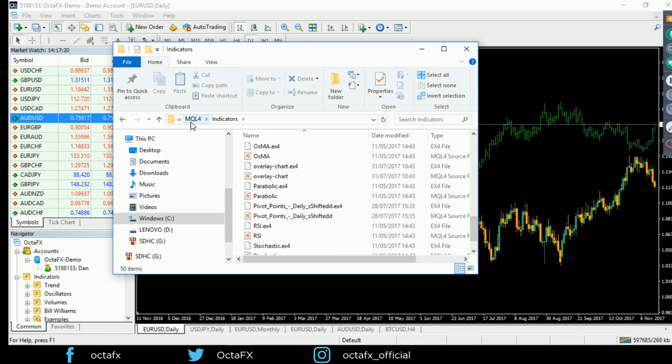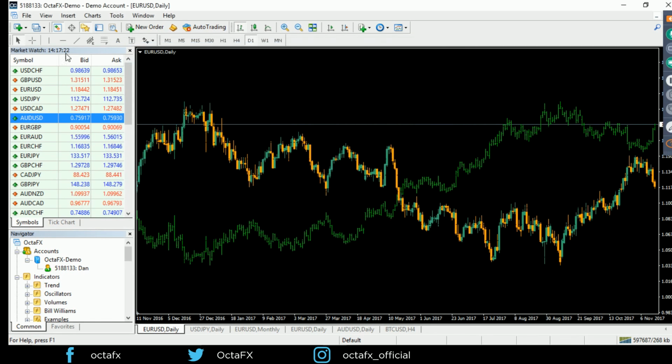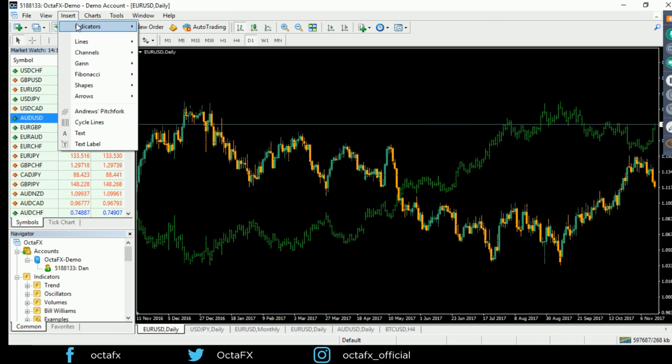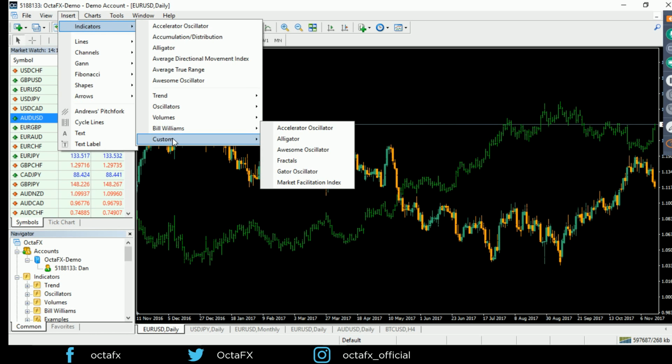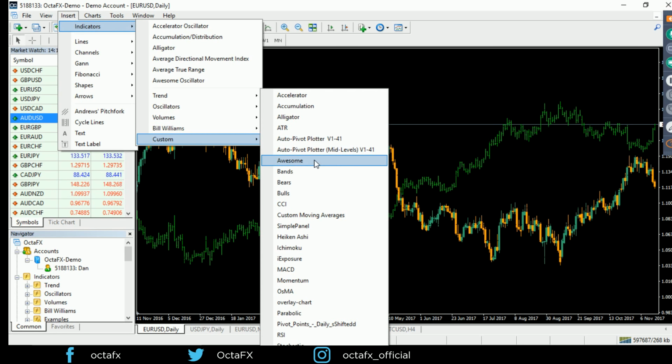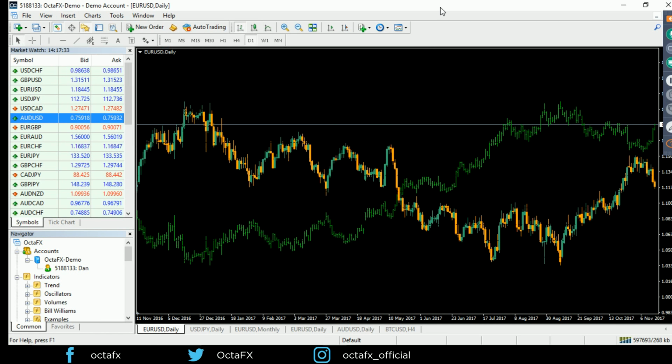So again, MQL4 and indicators. When you want to add it, you go to Insert, Indicators, Custom, and then add your custom indicator. In this case, it's overlay chart. So that's how we get those overlays up there. Again, we're looking at euro dollar and the dollar against the Swiss franc, and we can see this clear negative correlation.